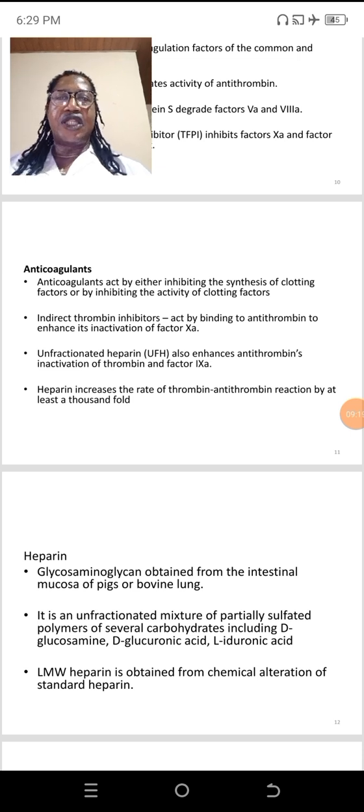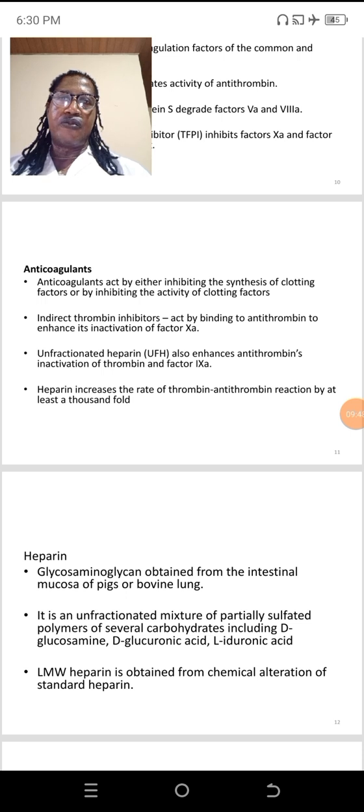Before that, anticoagulants act by either inhibiting the synthesis of clotting factors or by inhibiting the activity of clotting factors.